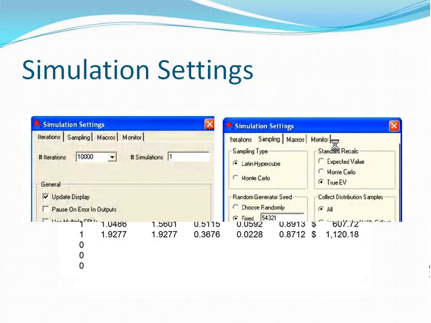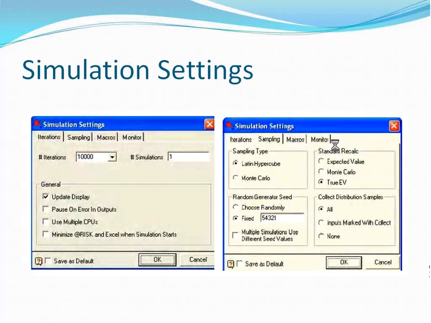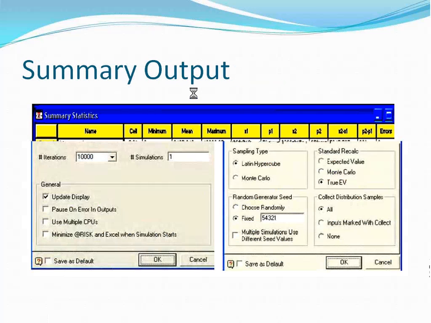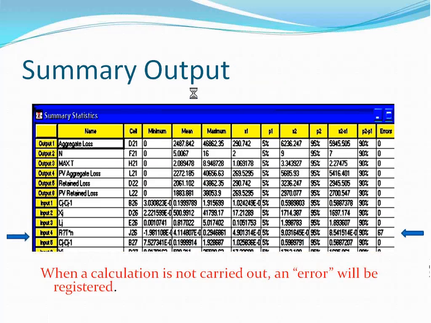Then we set our simulation settings. We used 10,000 iterations in the sample, and after we run the simulation, our first display is the summary output. When you get the summary output, it is good to first check the last column and see whether there are any errors.